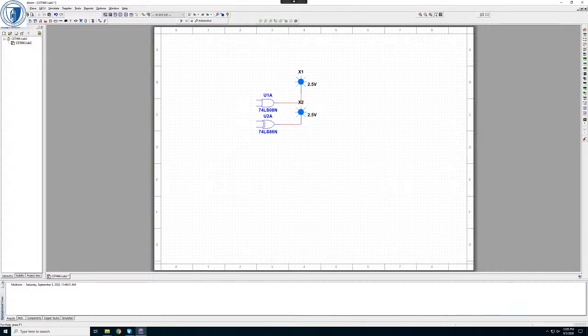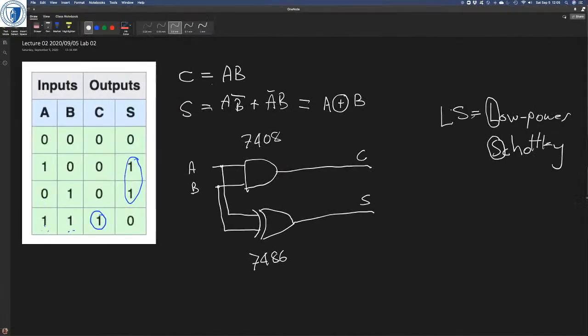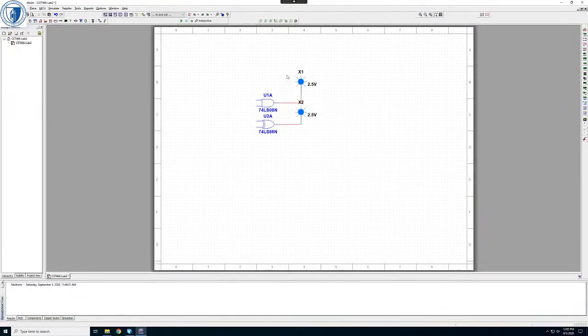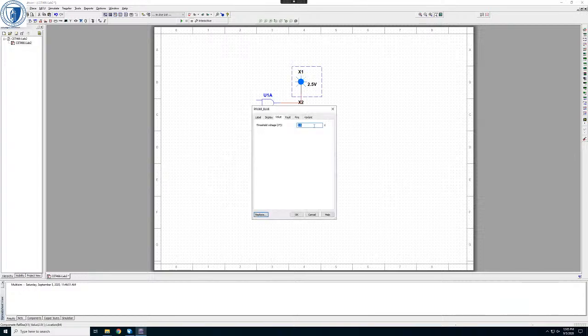And let's just go back to our, right, so the output of the AND gate was C and the output of the exclusive OR gate was S. So instead of X1, I'm going to call that C. And the reason it's called C is because that's the carry.